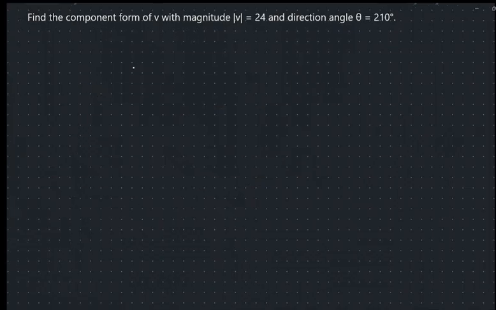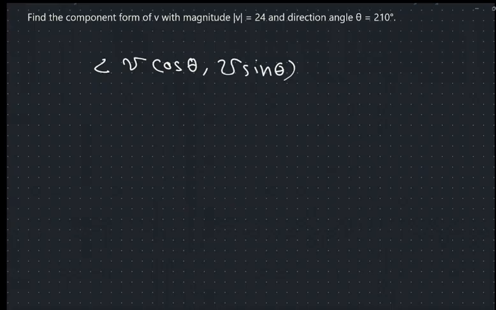This question has a similar idea as well. So we know that the component form is equal to V cosine theta and V sine theta, and let's just plug in the numbers.